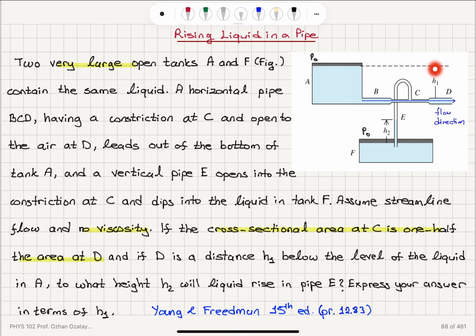You can see that this H1 should be defined with respect to the center of D here. So that would be the same as the center of C. So C is also at a distance H1 approximately. And because of this flow here, the gauge pressure at the pipe E decreases and causes the liquid to rise from the open tank F towards the pipe E. Okay, so what is this equilibrium height?